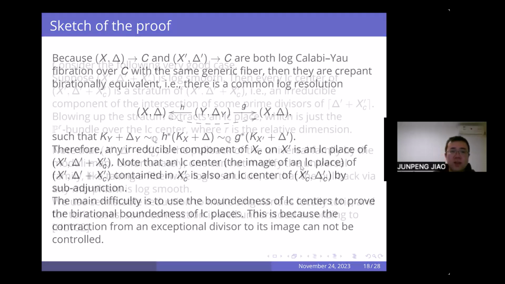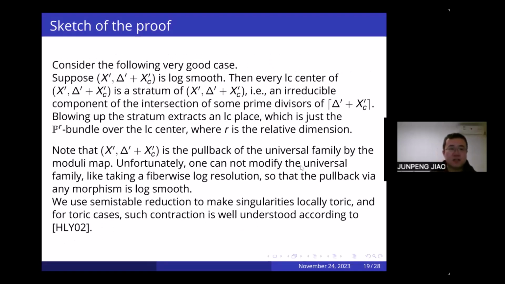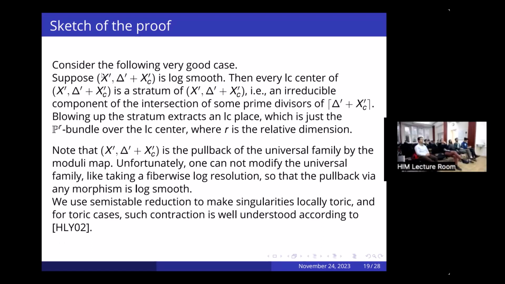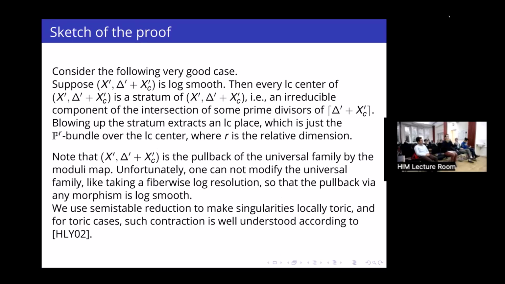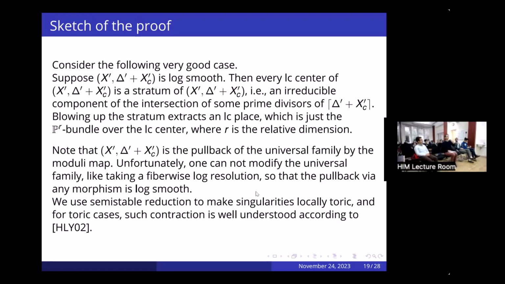So now let's consider the following very good case. Sorry, suppose I have a question. Yes. So if in your crepant map, from your original family to the universal family, some divisors on the central fiber are contracted, how do you control the birational boundedness of this component?